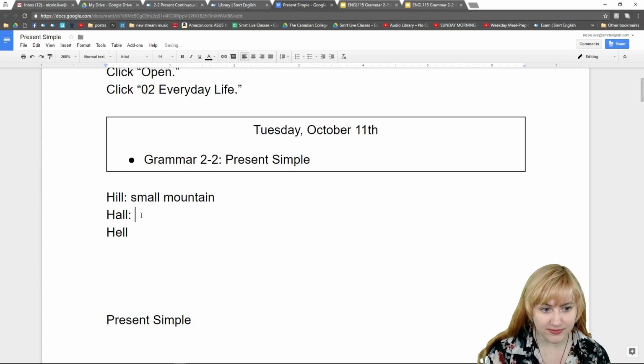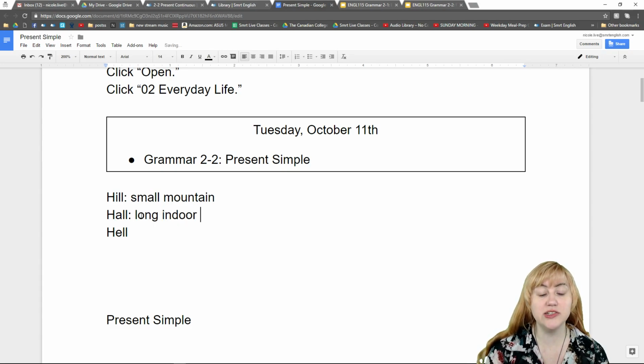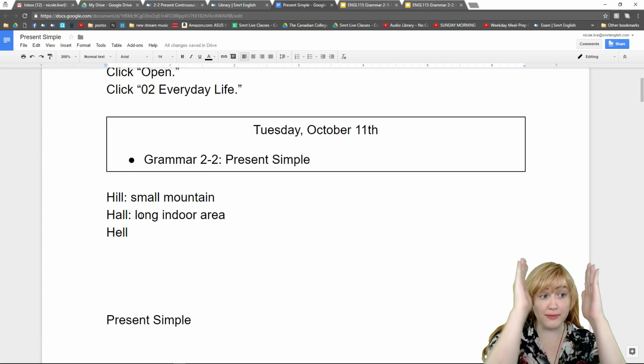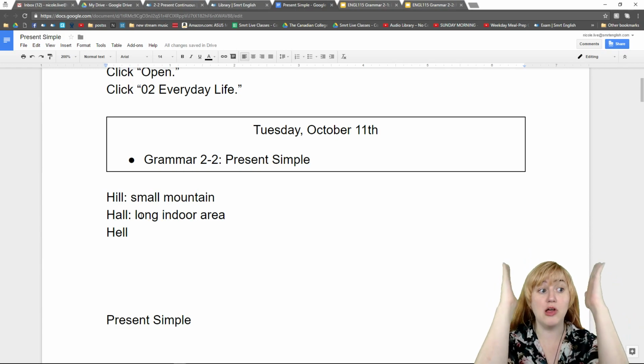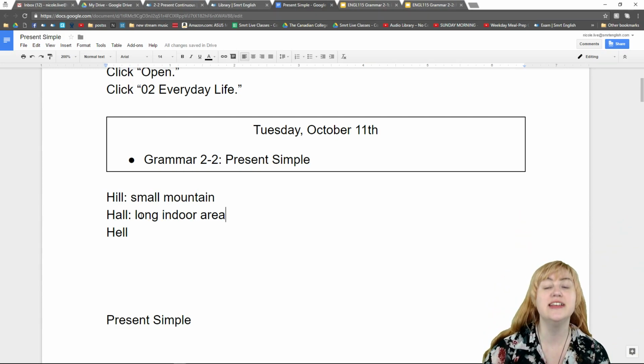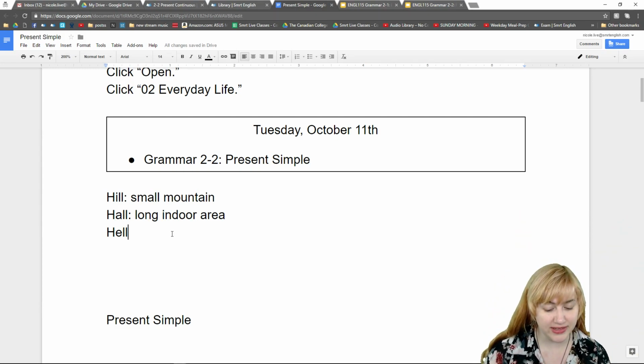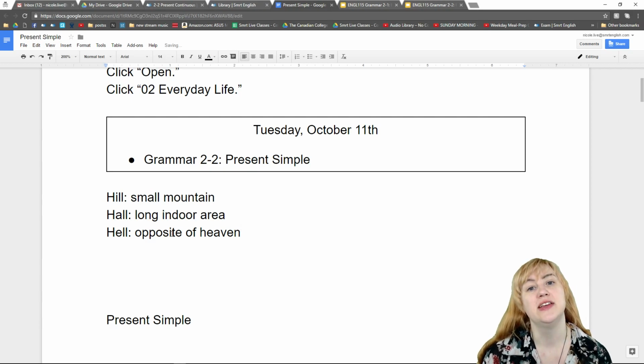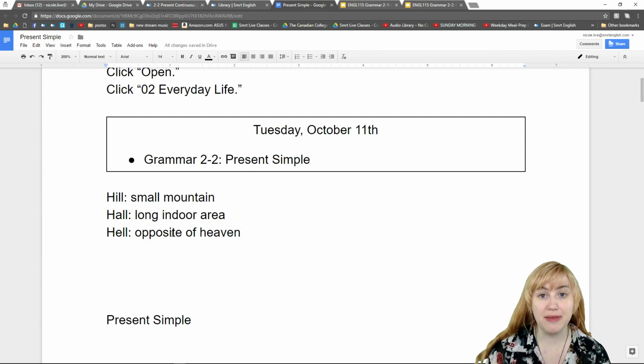A hall is sort of a long indoor area, like in your house, maybe between your rooms. This is a hall. And then hell is the opposite of heaven, which is an idea in many different religions.